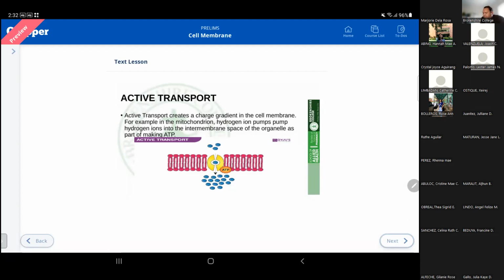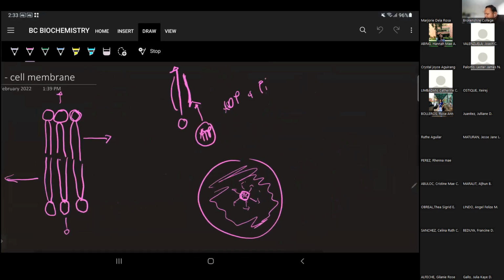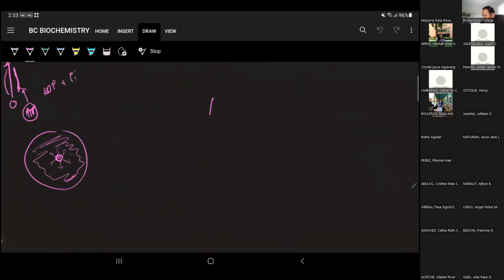In terms of production of ATP, hydrogen ions are needed. We have an enzyme that usually makes ATP, known as ATP synthase or ATPase, which needs hydrogen ions.